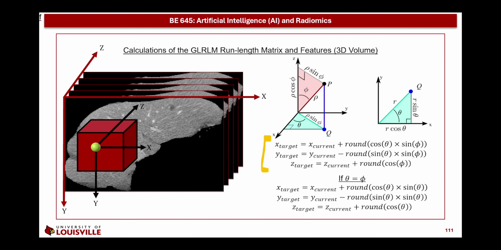And then if theta equals phi, we can reach the final 3 formulas that will be here. X will be x current plus rounding of cosine theta multiplied by sine theta, and y will be y minus rounding of sine theta squared. Z will equal z plus round of cosine theta.